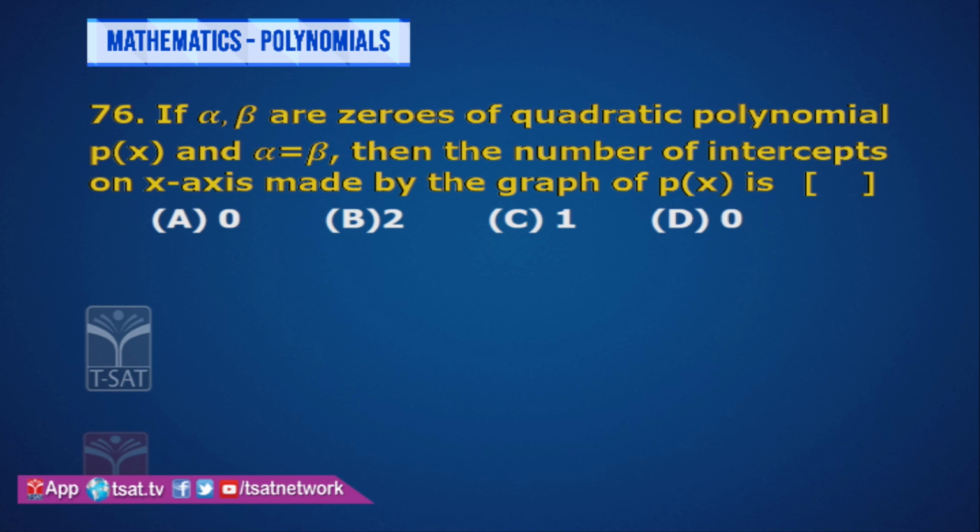They should be the same. That means only one zero can exist, so the graph intercepts the x-axis at one point. Only one intercept. So option C is the correct one.